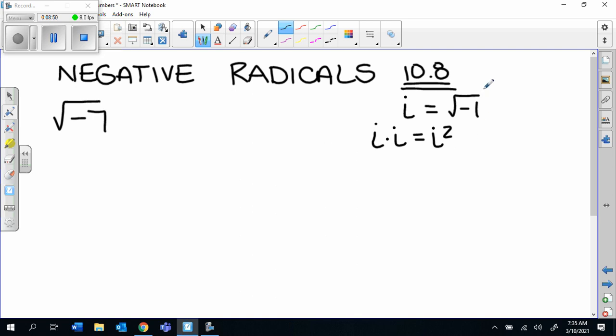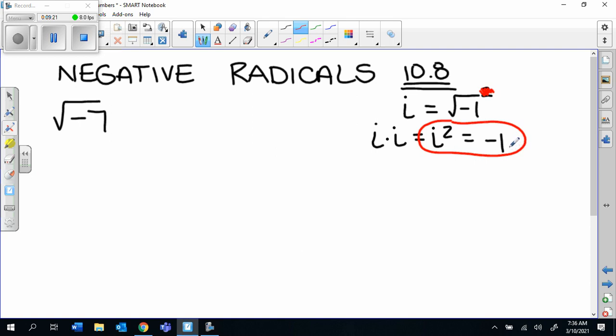And if I square this, multiplying something by itself that is underneath a square root kind of cancels that radical out because they are inverse functions. And so we are left with the idea that i squared is equal to -1. So i itself is equal to radical -1, and i squared is equal to -1.